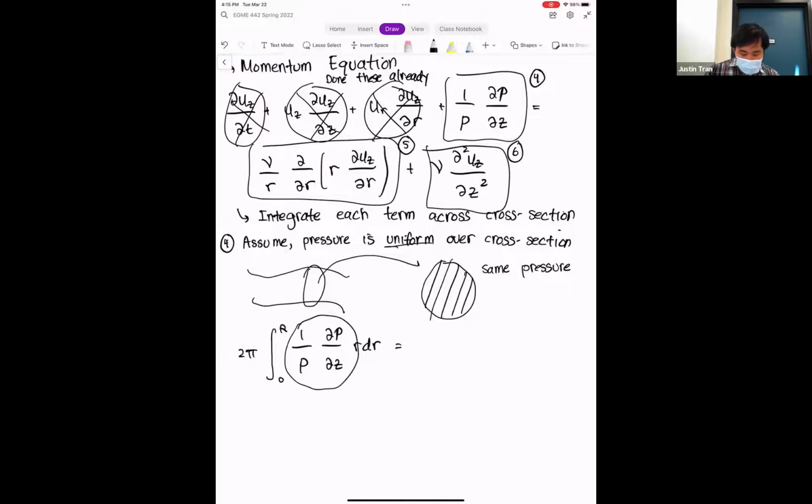Okay. We've done the worst of the integration already. So integrals 4, 5, and 6 are going to be much easier to do.